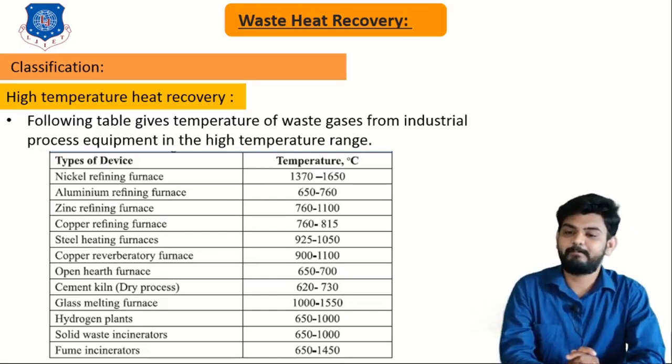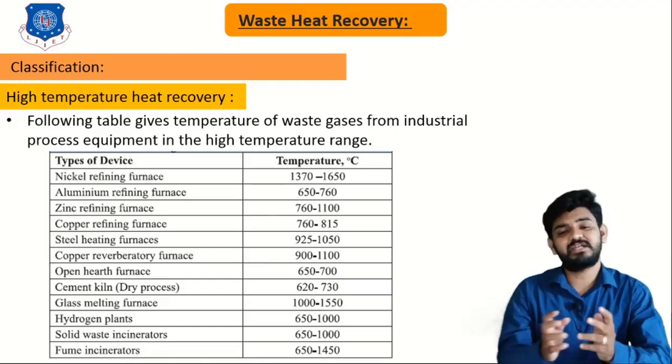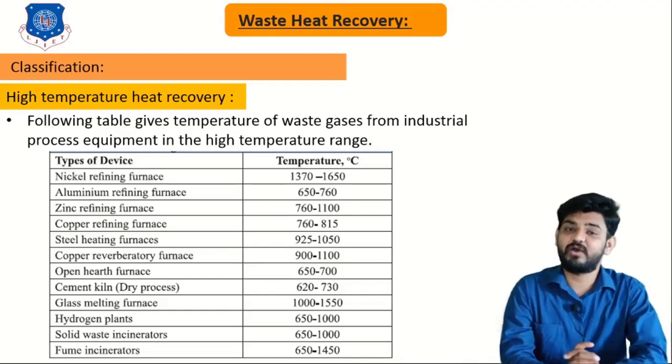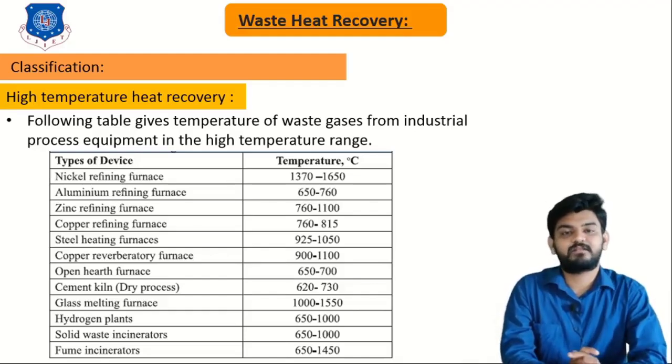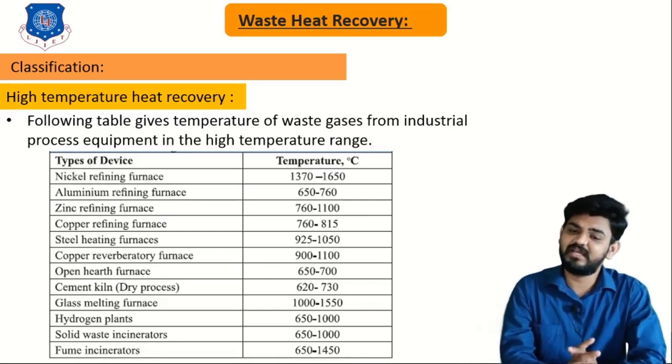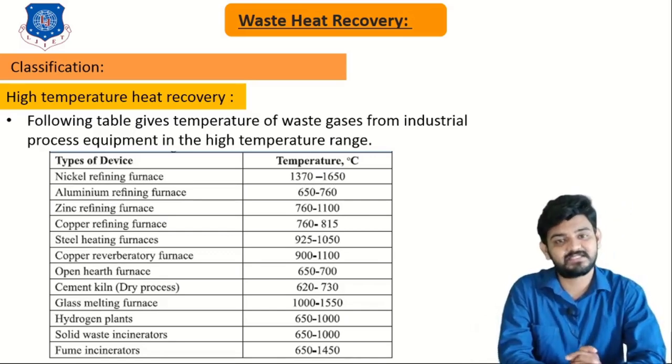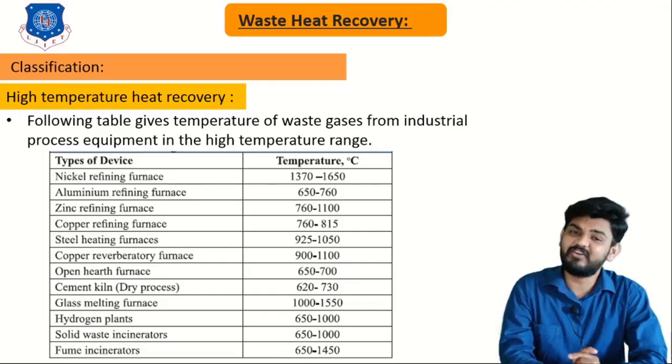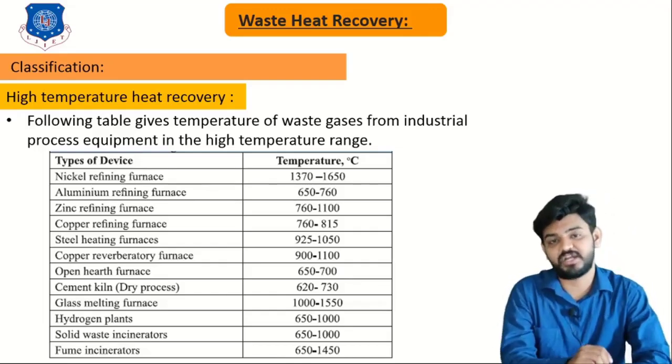Then the glass melting furnaces, which operate around 1000 degrees Celsius to 1500 degrees Celsius. Then we have hydrogen plants, which operate at 650 degrees Celsius to 1000 degrees Celsius. So this was the classification based on high temperature heat recovery.